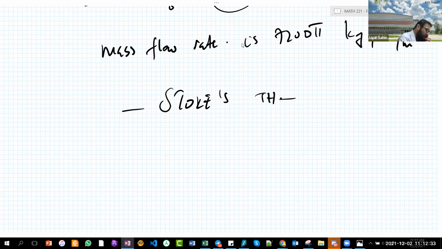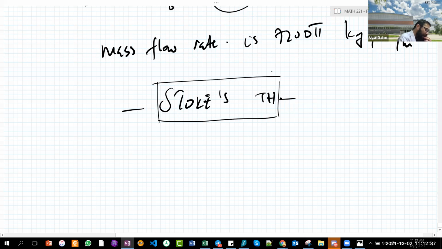But Stokes theorem is going to be our hero today. Not always, but sometimes it says, don't worry if you have some complicated parameterization for your surfaces. I am here to help you, and I can give you a better and easier way to calculate your surface integral. What is that way?